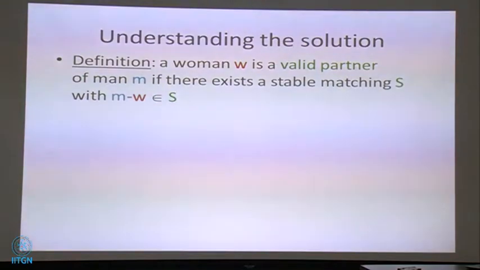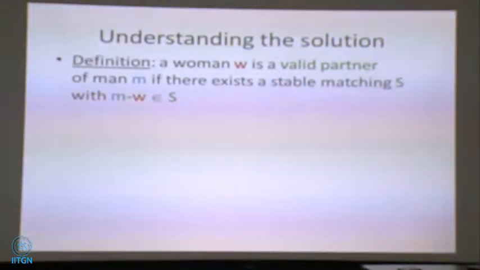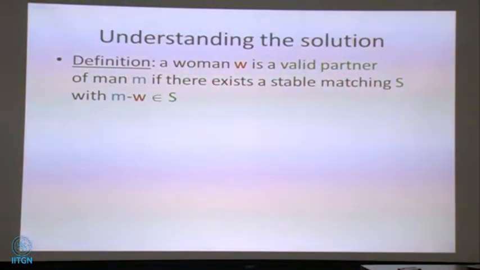Here's a definition, and it's a slightly funny definition. We say that a woman is a valid partner for a man if there exists a stable matching where they are together. If it's possible to match them together and then extend this matching so that everyone is matched, so that this man and this woman are together and the overall construction is stable, we say that the woman is a valid partner for that man.